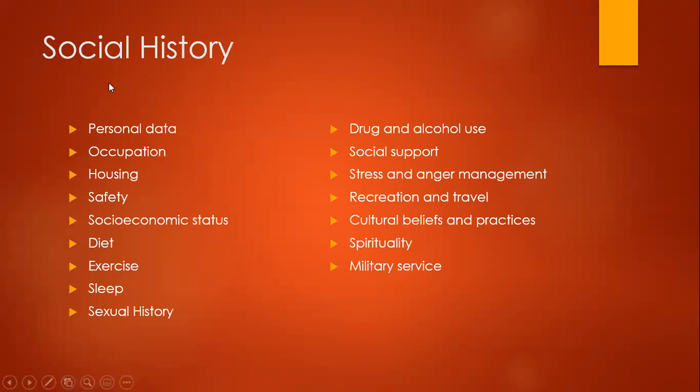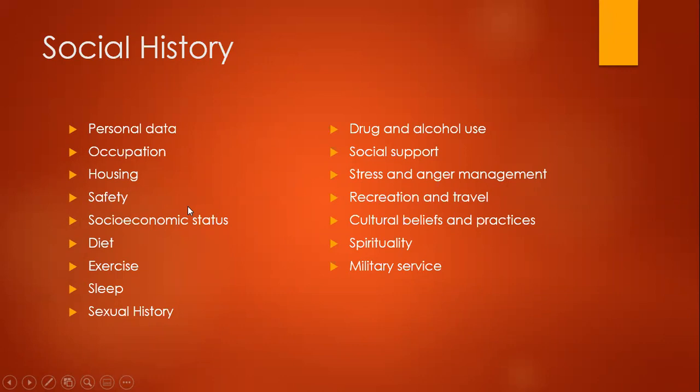Social history includes personal data and occupation, because some diseases are related to the occupation. Like a patient who worked in the pharma field or as a farmer has a chance to develop lung infection or farmer's lung. Housing, safety, socioeconomic status, right?